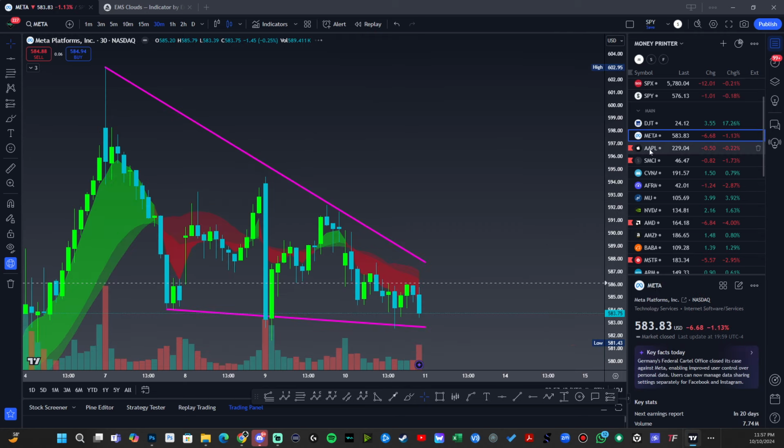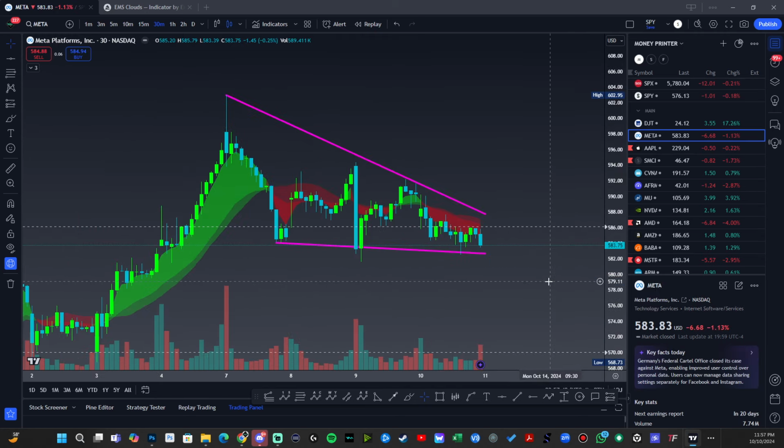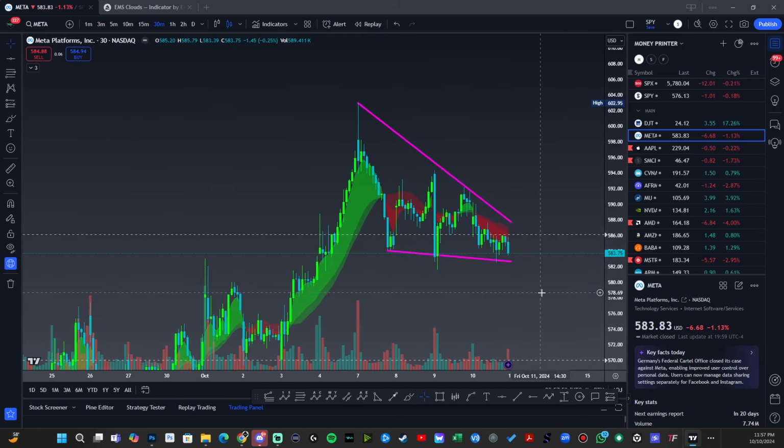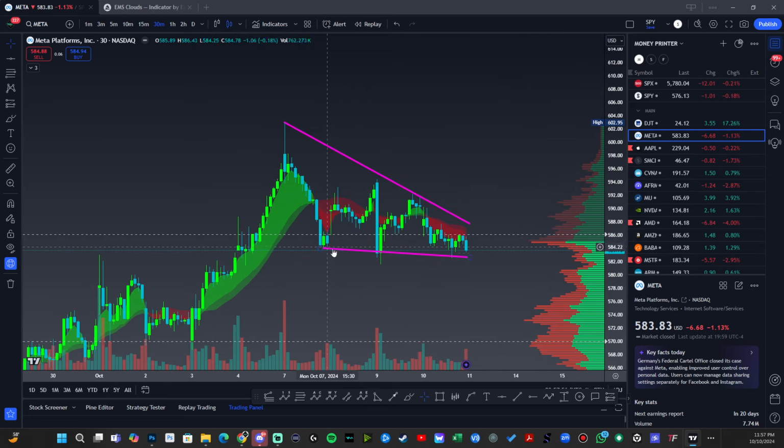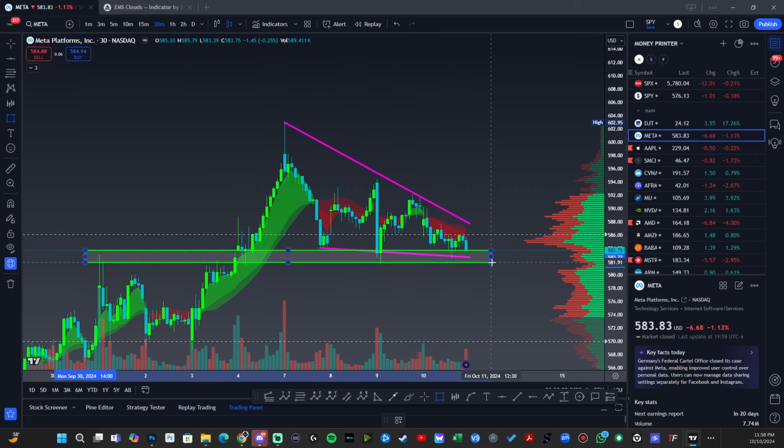We can even go over another example here. Meta, for example. I was looking at this today, looking at potentially trading this tomorrow. We have support, support, support, and look where we're consolidating also. This previous resistance acts as a resistance here. It turns into a support, acts as support, acts as support, acts as support.